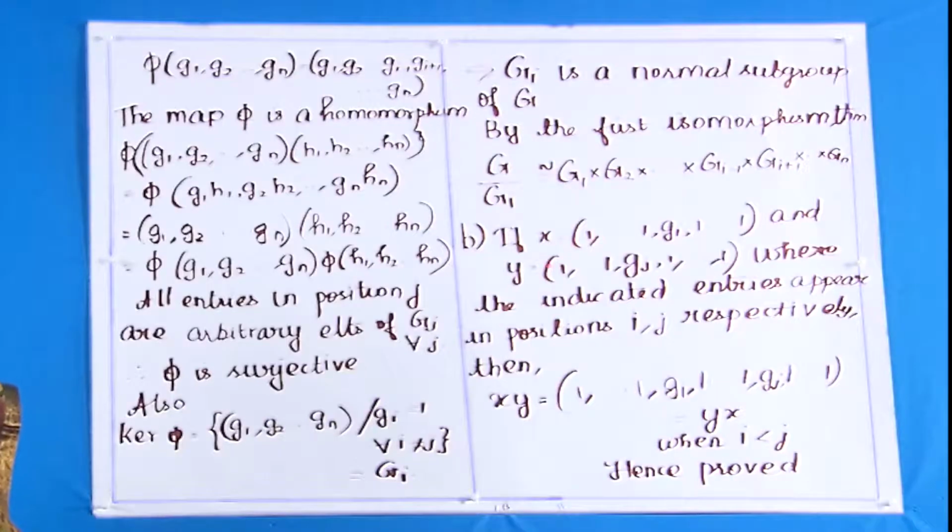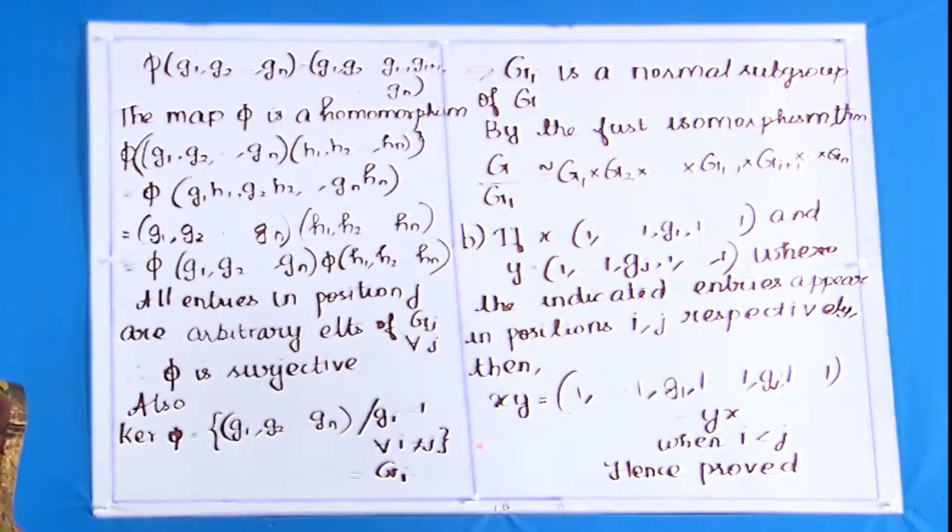If x is equal to (1, 1, 1, and so on up to gi, and so on up to 1) and y is equal to (1, and so on up to gj, 1, 1, 1 elsewhere). So, the ith position has been filled by gi and the jth position has been filled by gj. These are the two elements, and the indicated entries appear in the positions i and j respectively and 1 elsewhere.